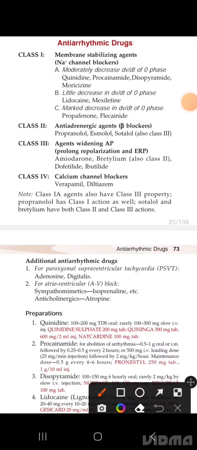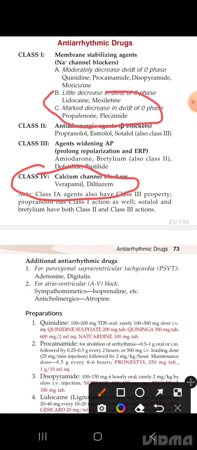The first option was diltiazem. As we know, diltiazem comes under class 4, the calcium channel blockers. The second option was propafenone. This comes under class 1, the sodium channel blockers, under class 1C, acting on phase 0.